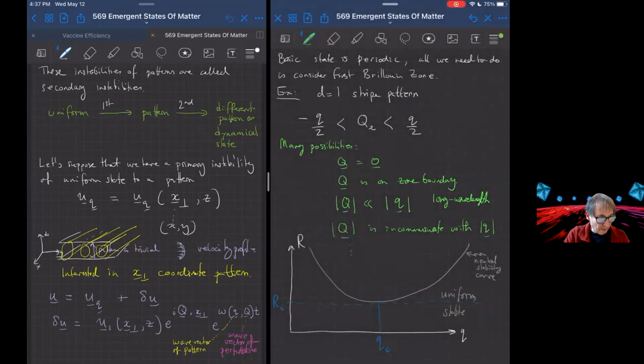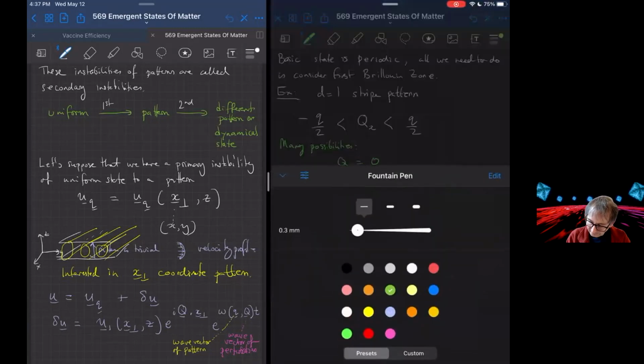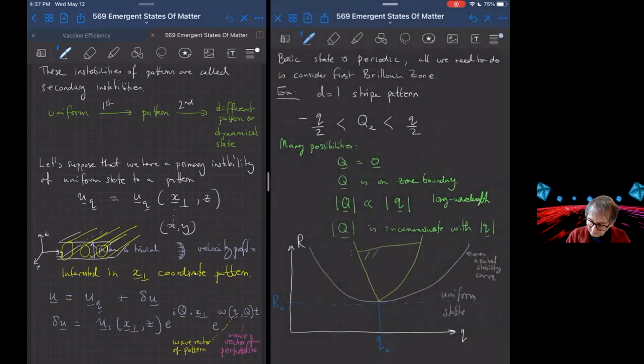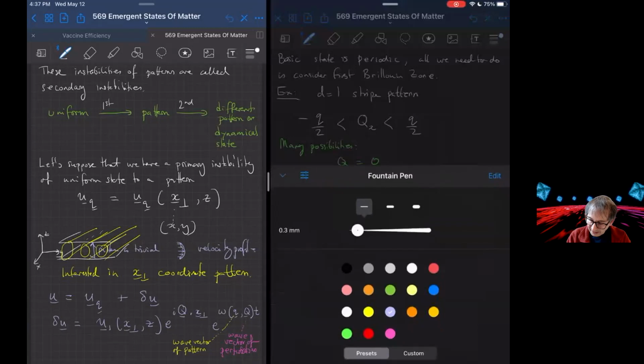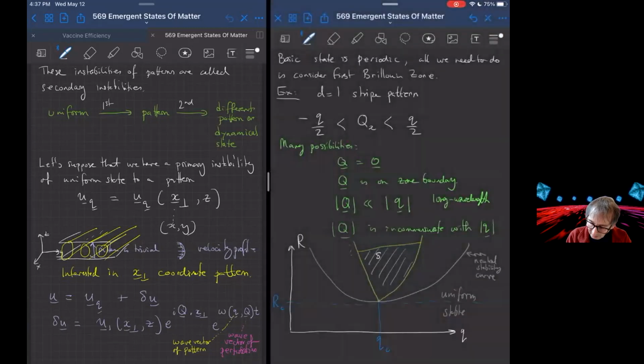Now I'm going to draw for you the secondary instabilities. The secondary instabilities for this particular problem, the convection problem, look something like this. In this regime in the middle here you have a stable pattern.